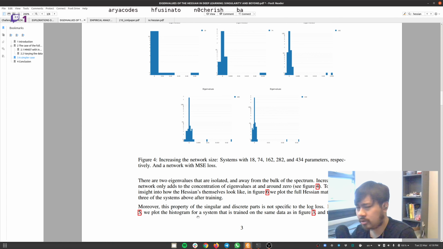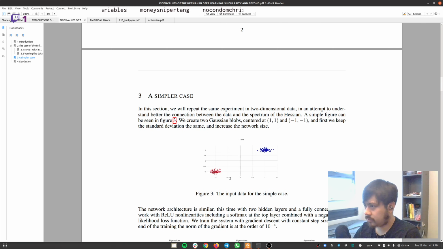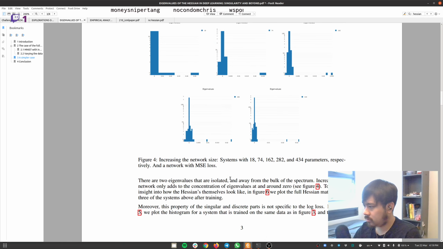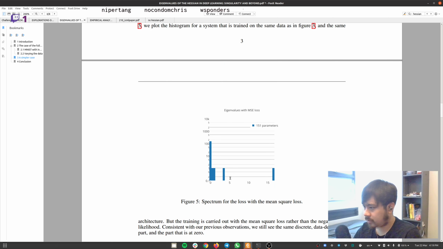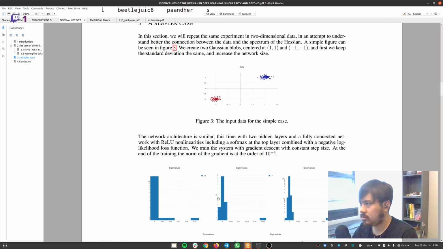We plot. Ooh, this is interesting because we plot the histogram for a system that is trained on the same data set as figure 3. What's the data in figure 3? Oh. And the same architecture, but the training is carried out with mean squared loss rather than negative log likelihood loss. Mean squared loss. Wait, but what do you mean mean squared loss?